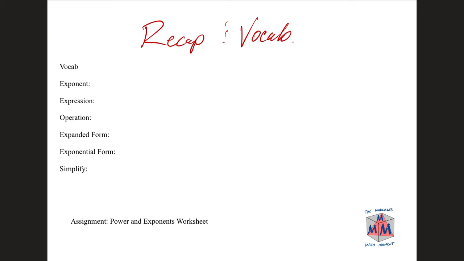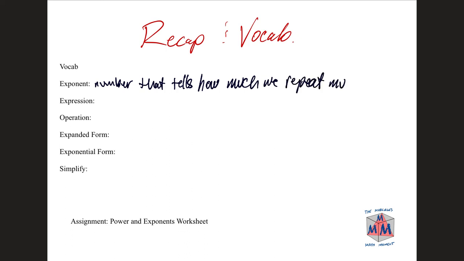Recap. So some vocab recap on this one because this is an introductory video. An exponent is the number that tells us how much we are going to repeat multiplication. How many times multiplication? Spelling is not my forte.